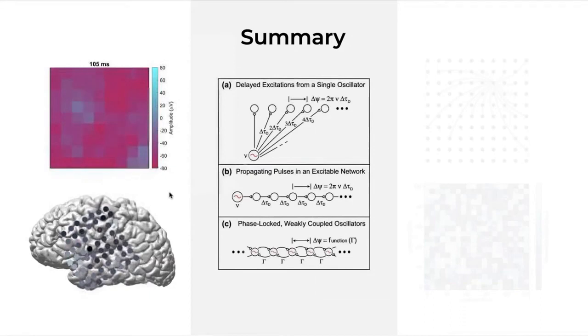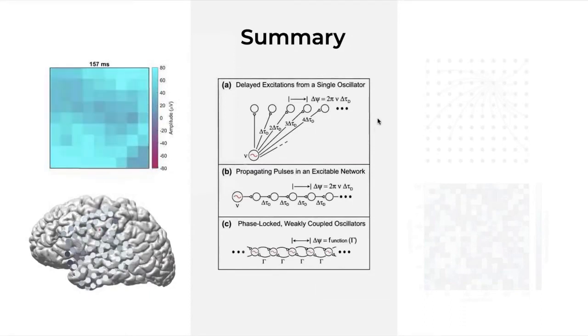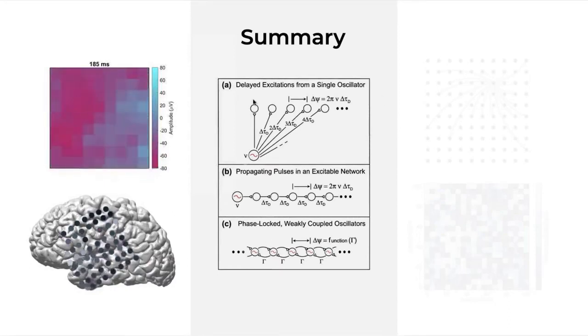Now, in the next part, we have looked at mechanisms that could underlie neural traveling waves. The first mechanism was delayed excitation, which results from a single exciting oscillator that excites other entities through increasing time delays.